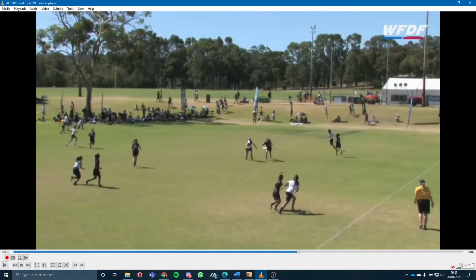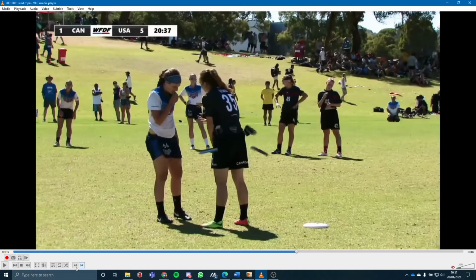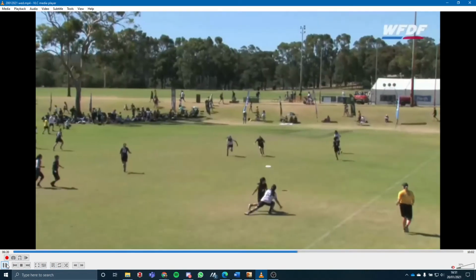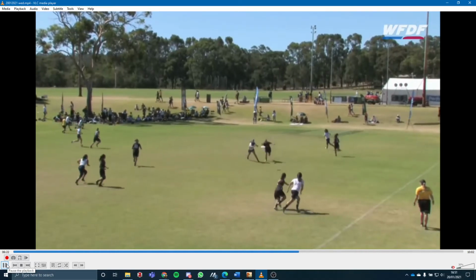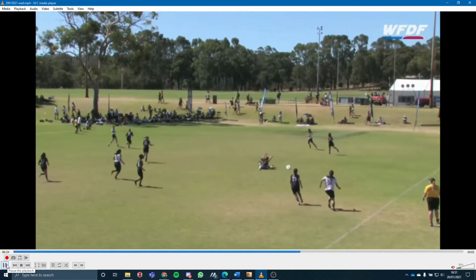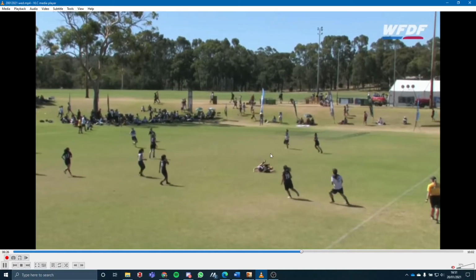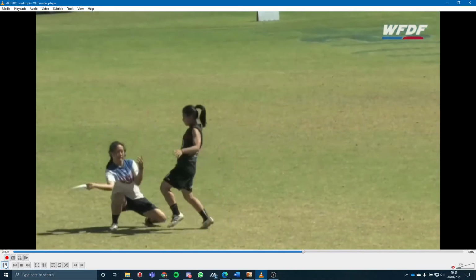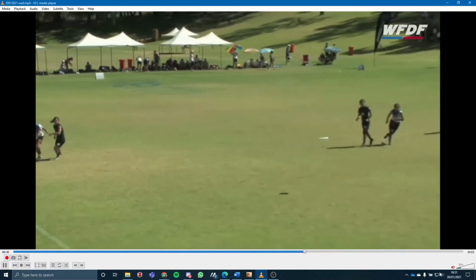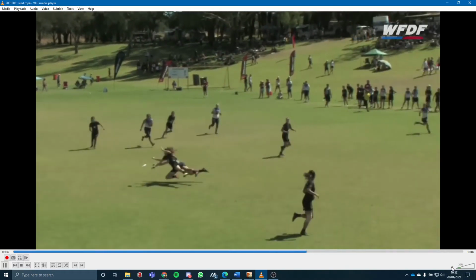We see here White comes towards the disc, whereas Black is running straight on. Go back a tiny bit. But it's very close, and some people say that the aftermath of it was very foul-y. But we can see what happens next.